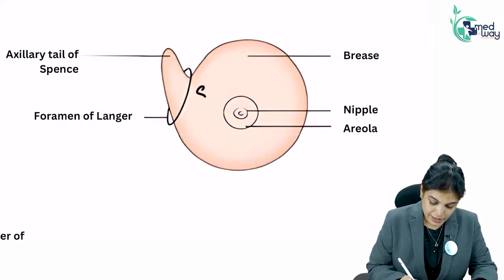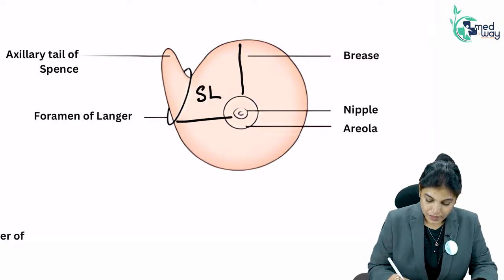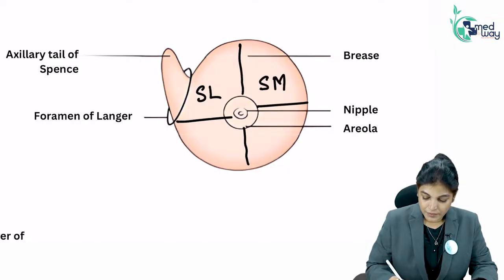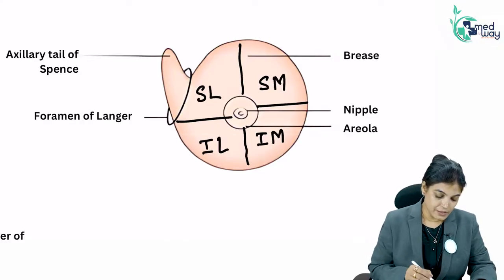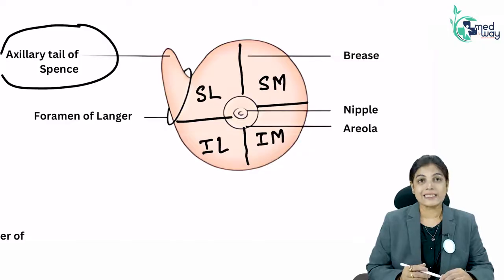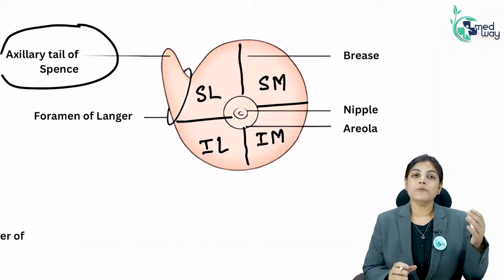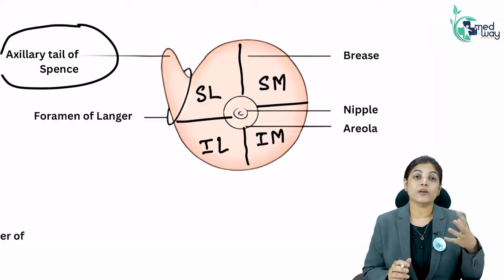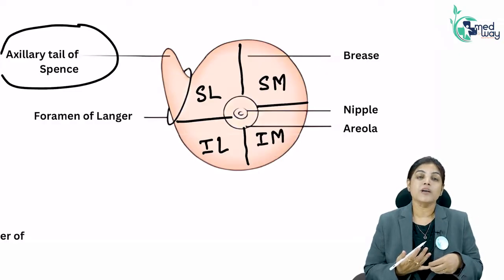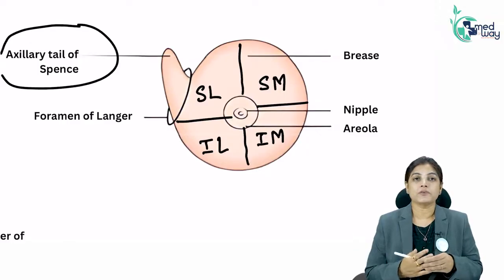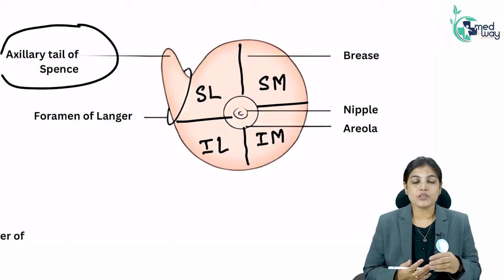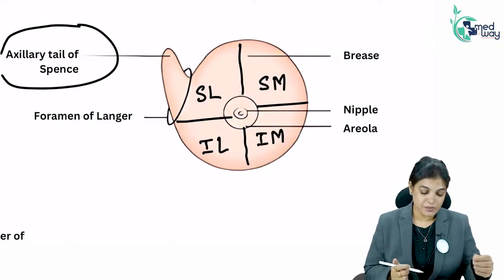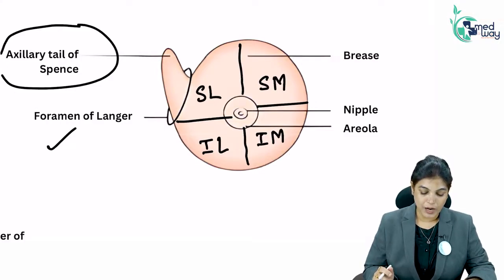If I divide the whole breast into four quadrants: superolateral, superomedial, inferomedial and inferolateral. From the superolateral quadrant of the breast, there is an extension called the axillary tail of Spence. Why is it very important? Because it's a normal thing. You should not confuse it with any lymph node enlargement or any palpable mass of the breast. You should have this clear concept of anatomy, that it is an extension from the superolateral quadrant of the breast traversing through the space called the foramen of Langer.